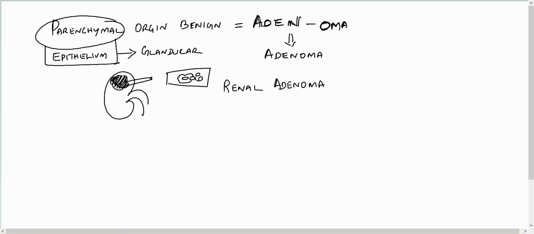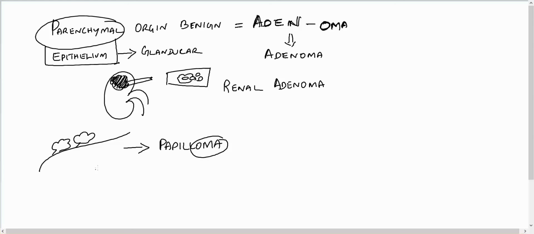Now if the tumor is coming from the epithelium, for example it is a skin and it is forming finger-like projections, it is called papilloma, and it is benign.